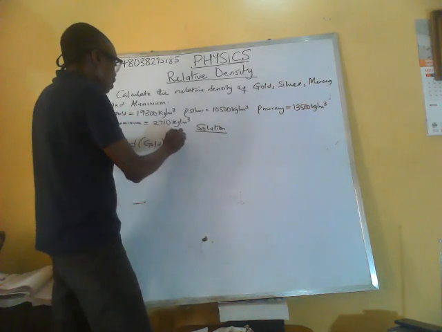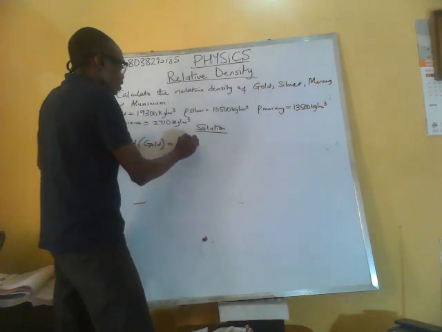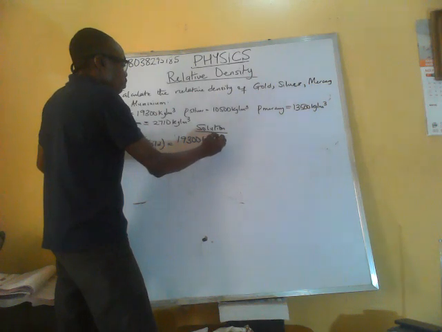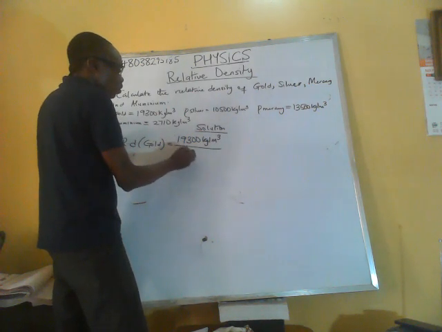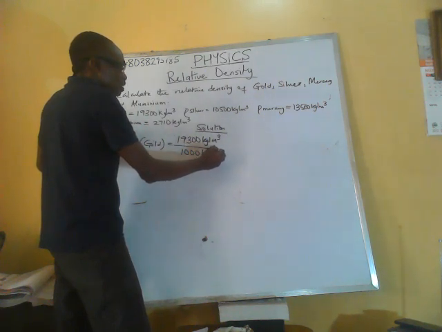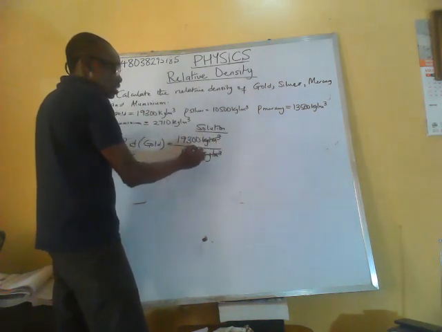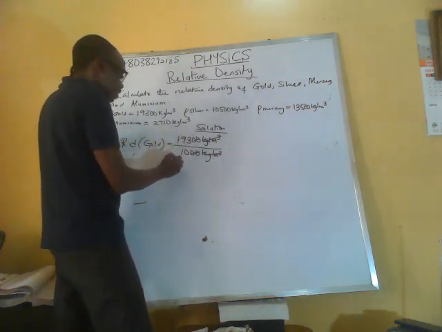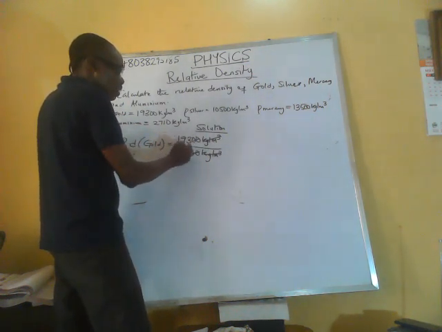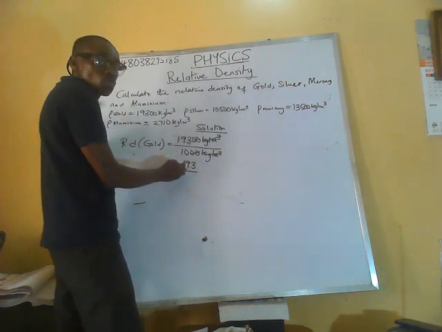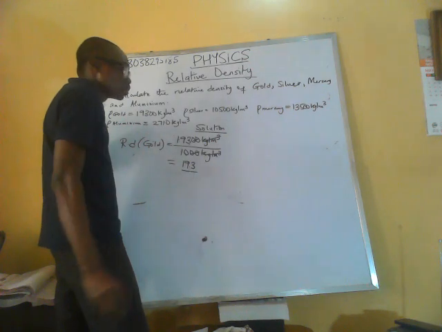Density of gold is 19,300 kilogram per cubic meter, while that of water is 1000 kilogram per cubic meter. The zeros cancel. 193 divided by 10 is 19.3. So the relative density of gold is 19.3.